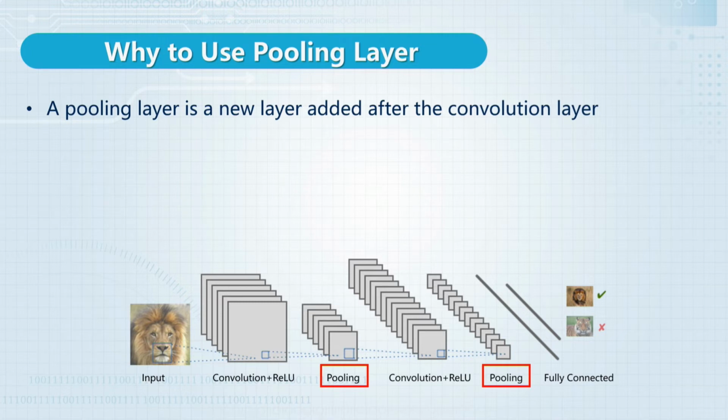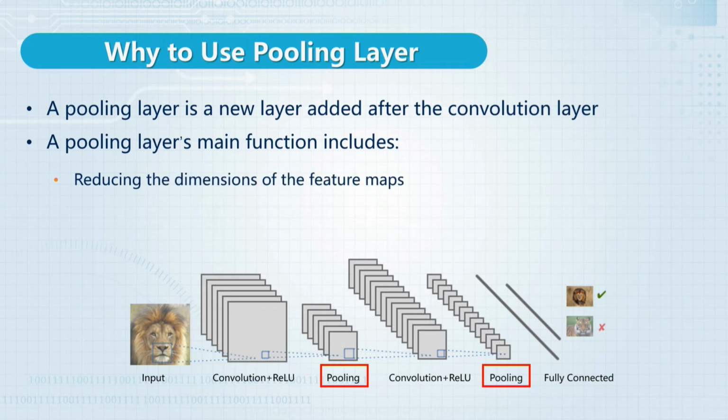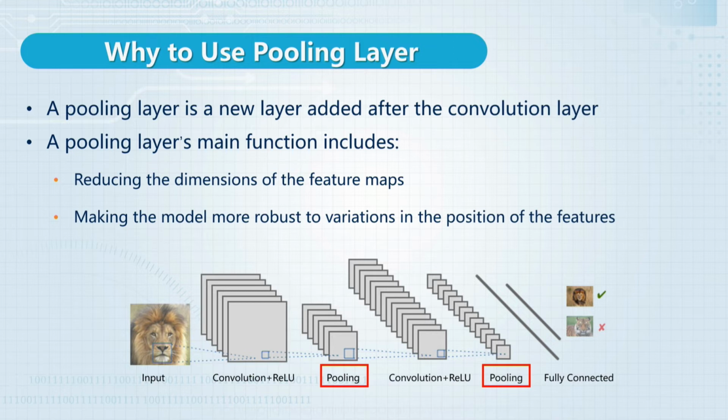Why use pooling layers? First, the pooling layer is used to reduce the dimensions of the feature maps. Thus, it reduces the number of parameters to learn and the amount of computation performed in the network. Second, the pooling layer summarizes the features present in a region of the feature map generated by a convolution layer.